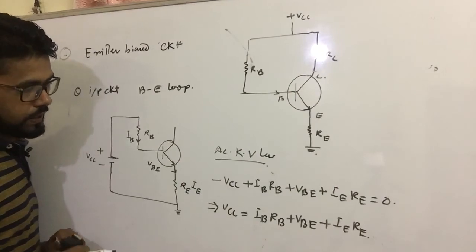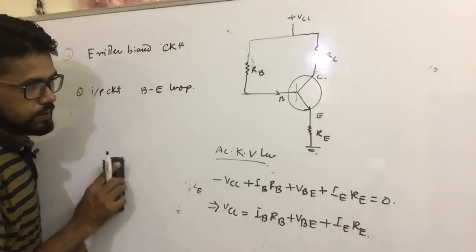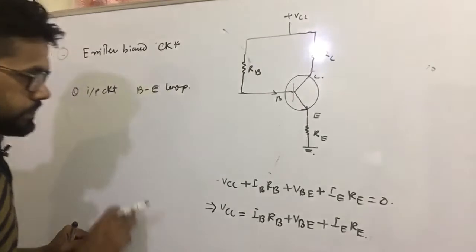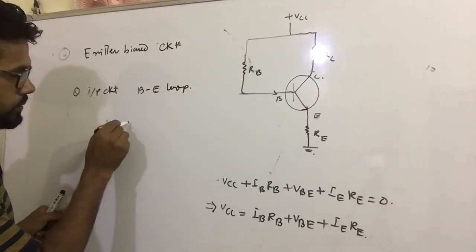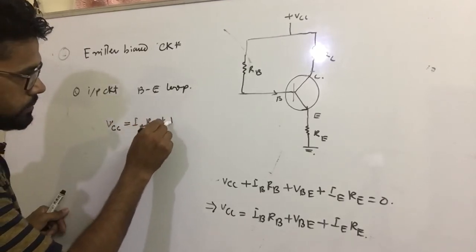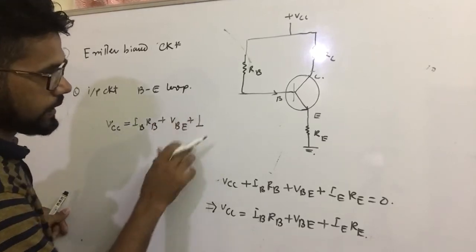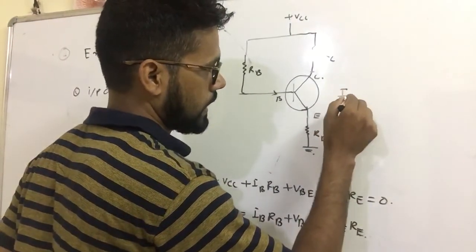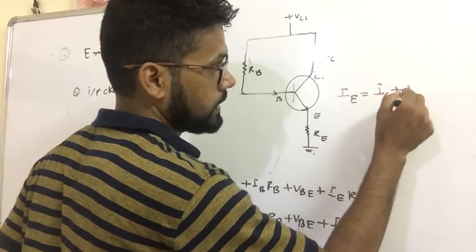Clear? Now I remove this circuit. I have already drawn it. I remove this equation and this part also. So VCC equals IB RB plus VBE plus IE, and what is the emitter current? IE equals IC plus IB, right?